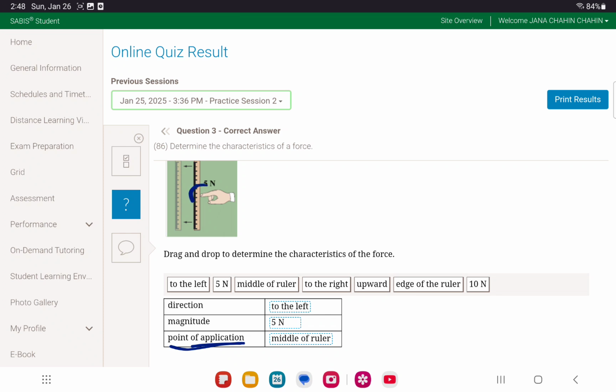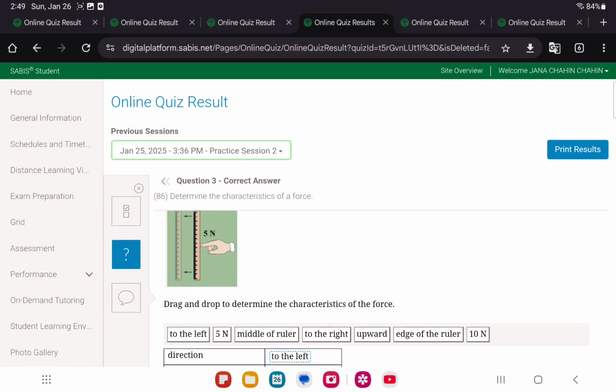I made a mistake on this once in AMS because it looks like it's touching the edge. But apparently to them that's not the edge and that's the middle of the ruler, so it's middle. And that's 3.4. Now let's go to 3.5.